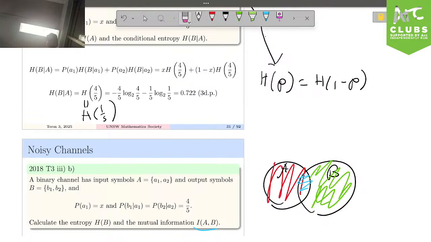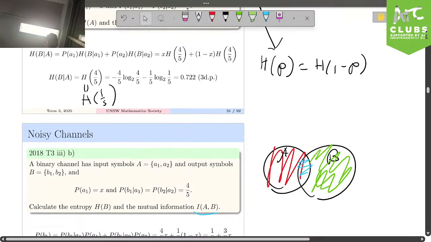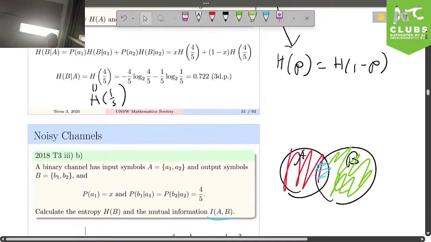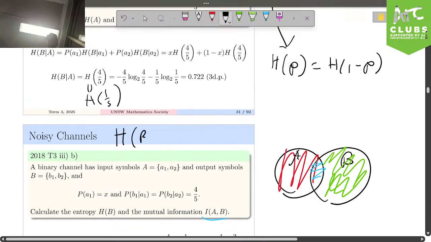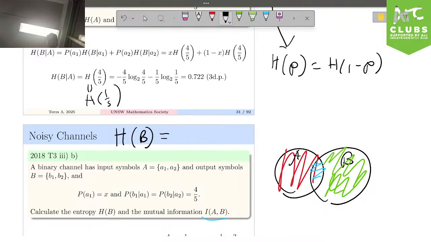Suppose we want to flip around the channel in some sort of way. So what we will try to do is use one of the formulas we have seen before. H of B would be equal to, I guess we could find the joint entropy. Don't think that would be too helpful here.